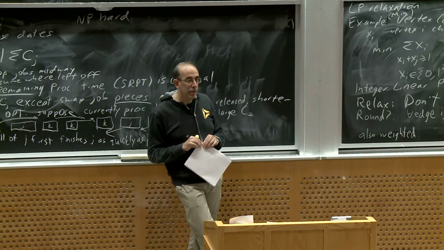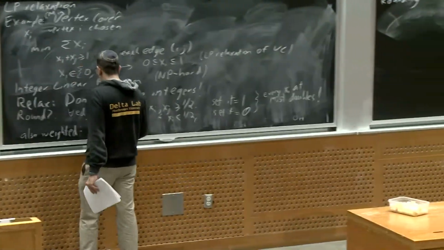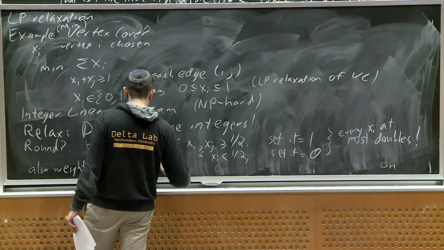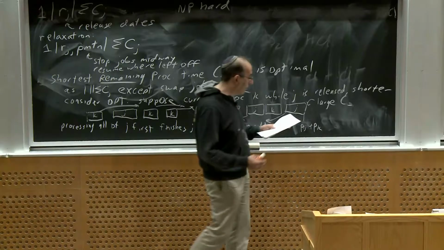Exactly, right? Your objective becomes minimizing the sum of wi times xi. You can still solve the LP relaxation, and you can still round exactly the same way. We still only double the xi's, which means that we double the weighted cost. Okay? So this is more powerful.